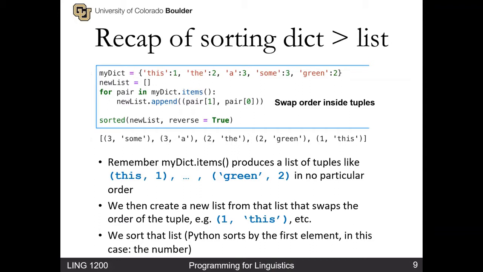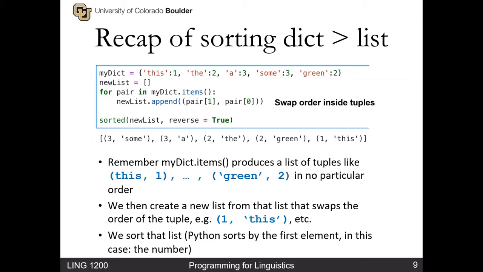So we can then create a new list if we want to sort by the second item. We loop over the items, that list of tuples, and create a new list that swaps the order of the tuple. It takes the second element and puts it at the beginning of the tuple, and the first element and puts it in the second. It's going to append that to our new list, and keep on going through the list until it has all of them.